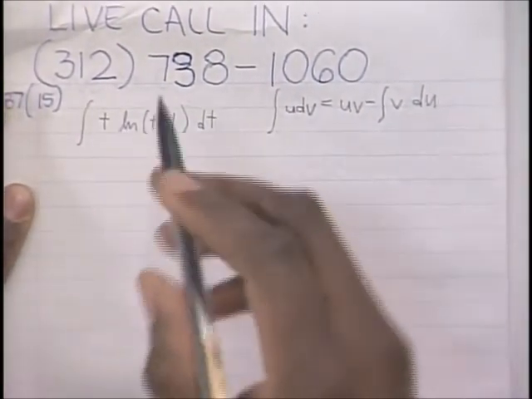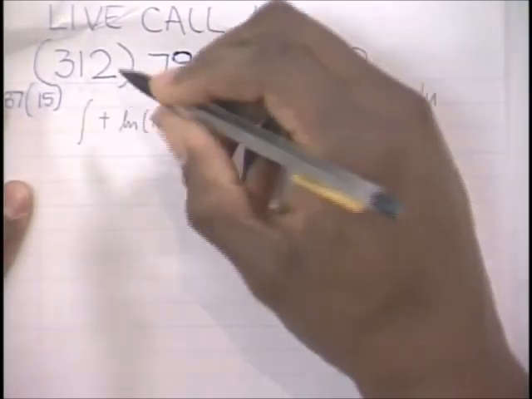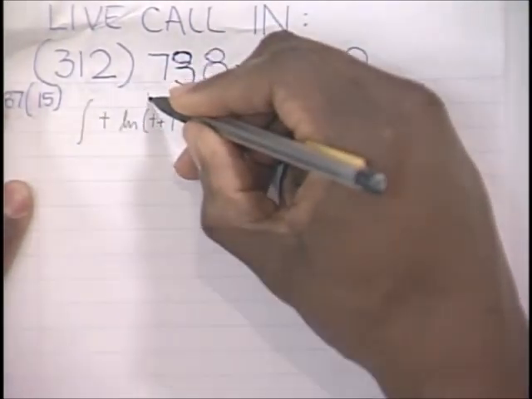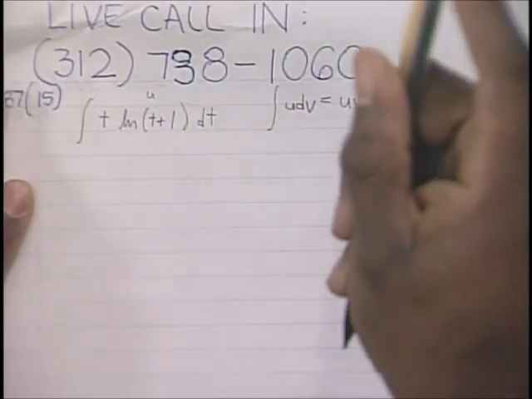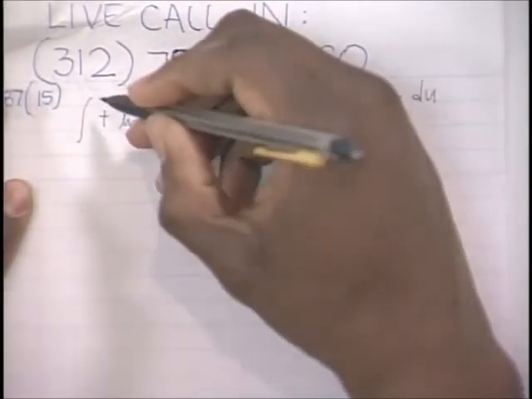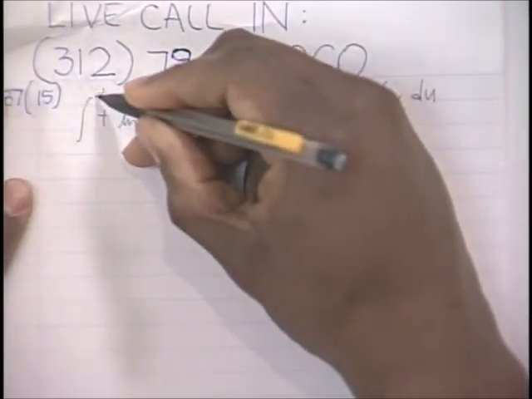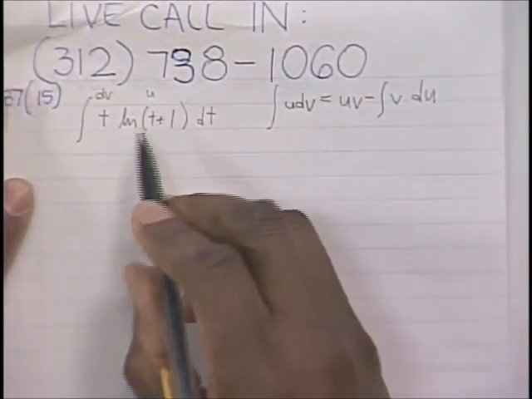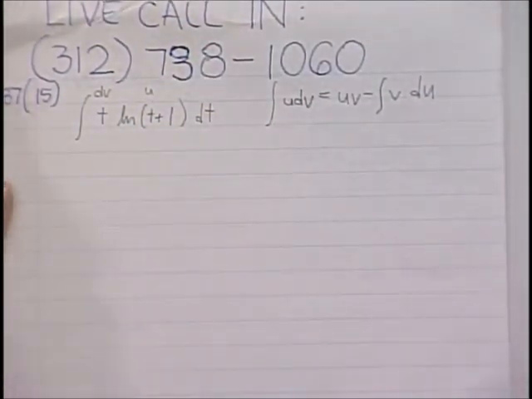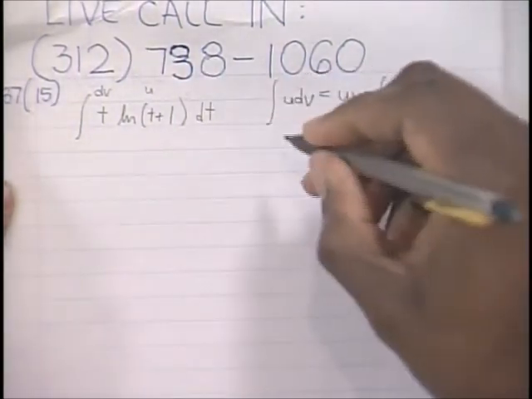So let's call this u. Let's try that. Let's call that being u, and let's call this being dv. All right, let's call that u. Let's call that dv.